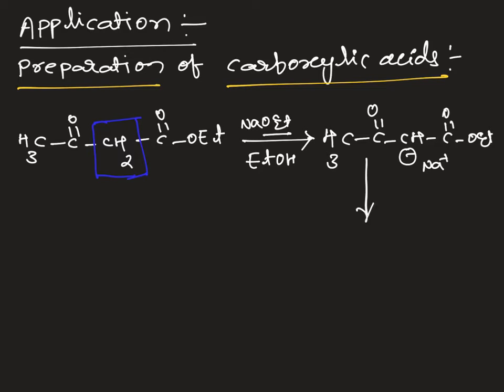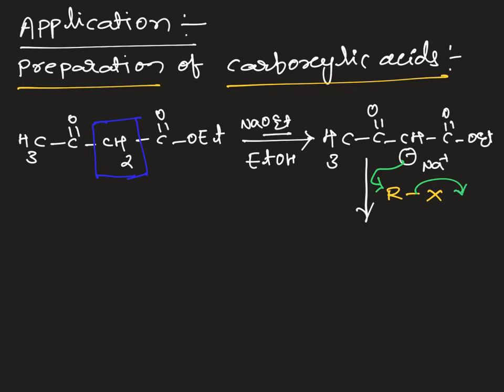Next what I am doing, I am reacting with any alkyl halide RX. This negative charge carbon is a nucleophile now, and this nucleophile attacks the R and X will leave as X minus.